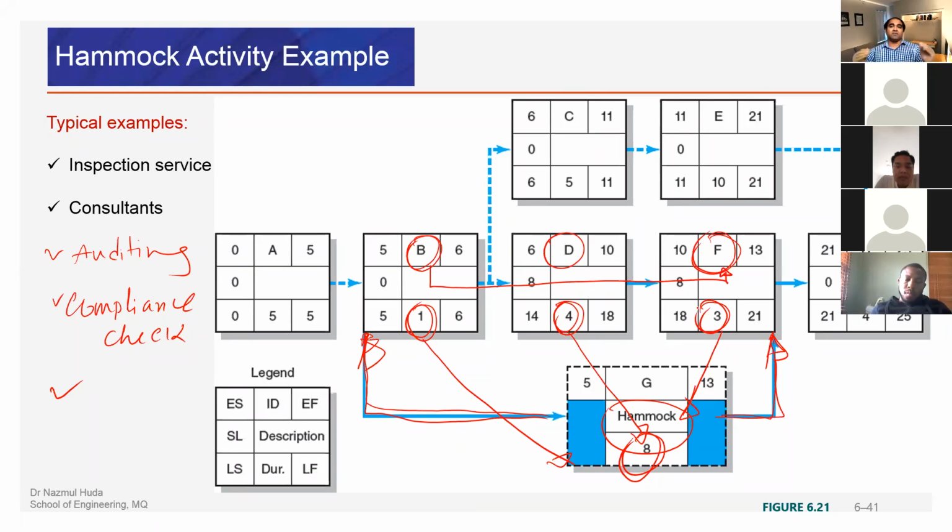This must be done. The hammocking process, that includes inspection, consulting, auditing, compliance check, whatever it is, must be done within that time frame. Within those sets of activities, the additional service must be done. So that's a hammocking process.